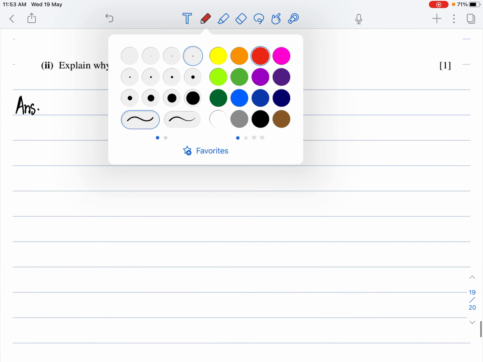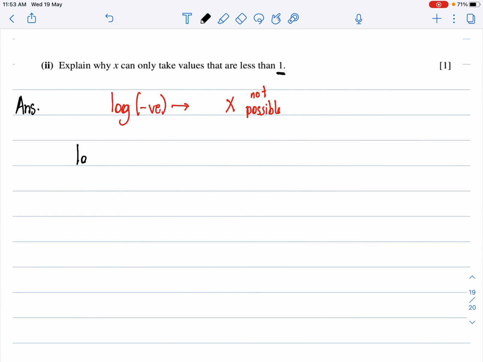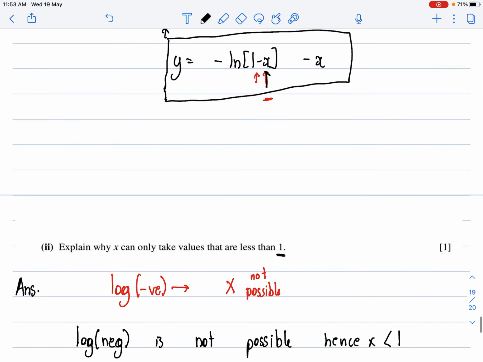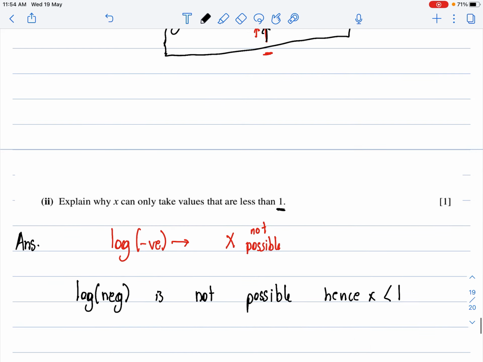So I can simply state that the log of a negative value is not possible, hence x needs to be less than 1. Because if it exceeds 1 here, I'll get a negative log, which is not possible. So yeah, that's why.